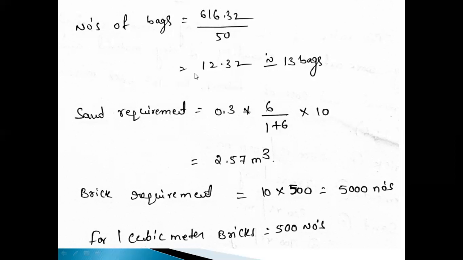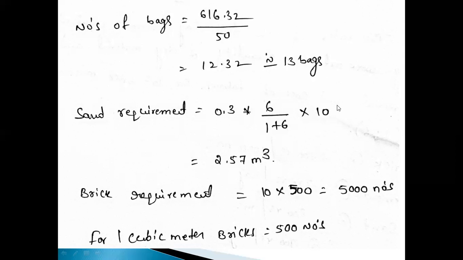Next, we'll find out the requirement of the sand. Sand requirement equal to the dry volume of mortar into sand ratio divided by sum of the ratio into quantity.